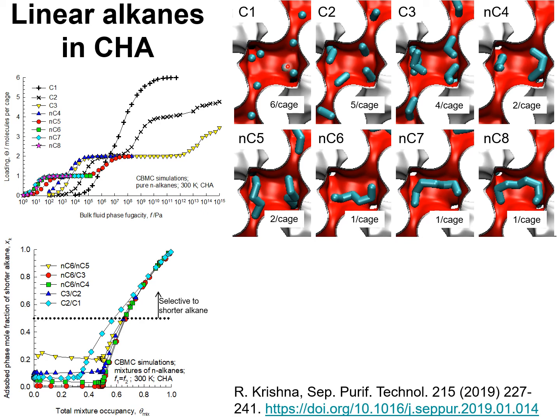Here's the computational snapshot showing 6 per cage. The saturation capacity for ethane is 5 per cage. The saturation capacity of propane is 4 per cage. Butane is 2 per cage. Pentane is also 2 per cage. Hexane, heptane, and octane are all 1 per cage.